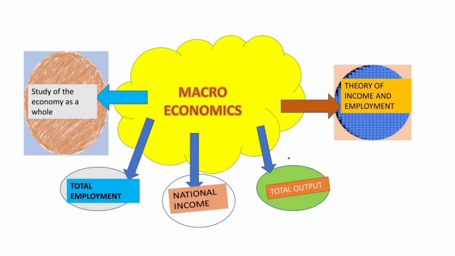How is it calculated? What are the concepts associated with the national income accounting? And how do changes in national income affect the growth of the economy? What is the total employment in the economy? What is the general price level? And is there inflation or deflation?